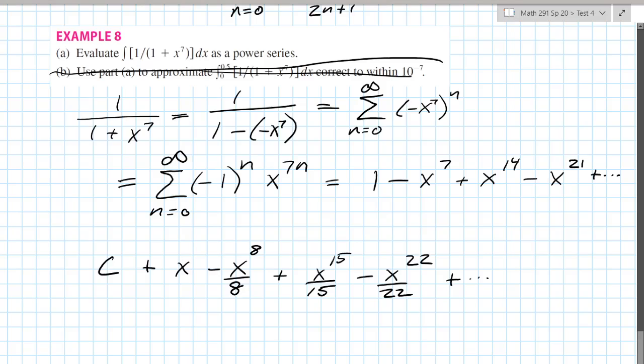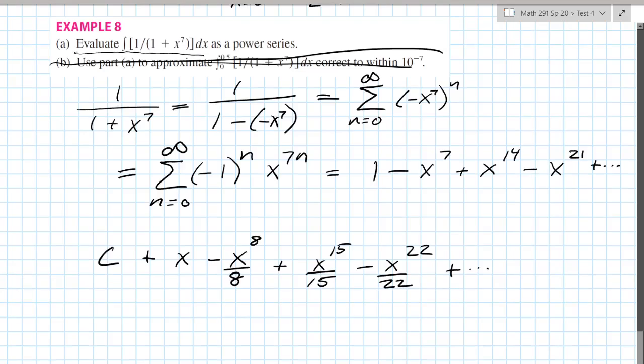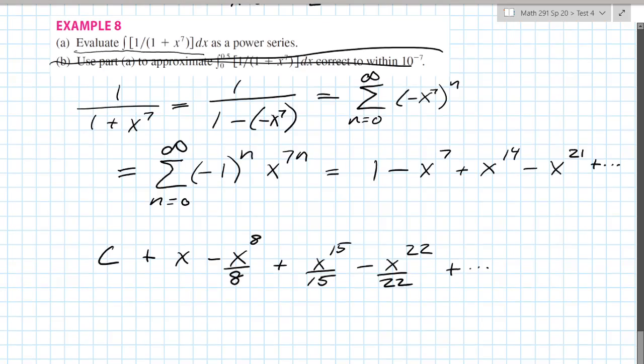Now, I would like to know about the value for c here, if I can find it. Well, actually, I don't care. I take it back. It just says find the integral, and it doesn't give us any information about the initial conditions, so we're going to leave it with c.